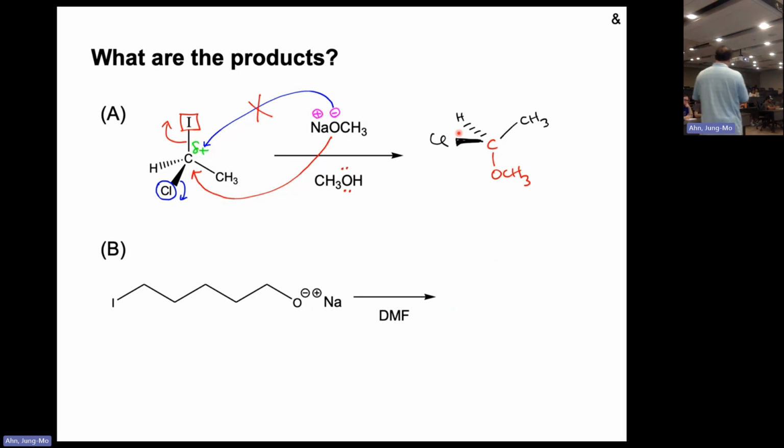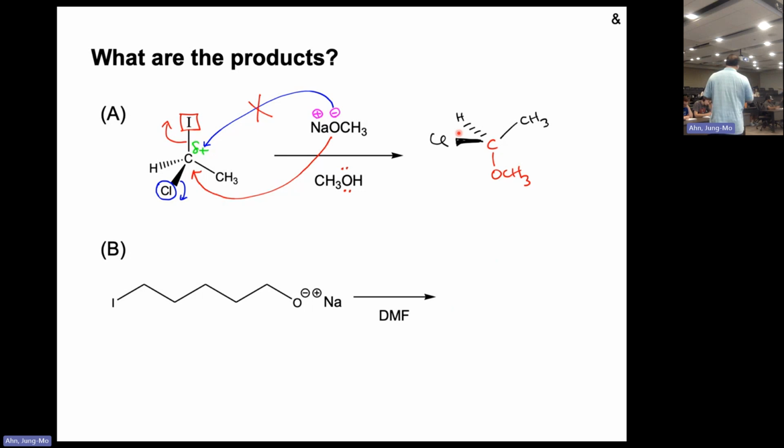I would expect that to be the major product. You may get the other one, attacking the carbon and making the chlorine leave. That will be the minor product, in my opinion, because chloride is not a bad leaving group either. Both are pretty good leaving groups. It's just that iodine leaves better.